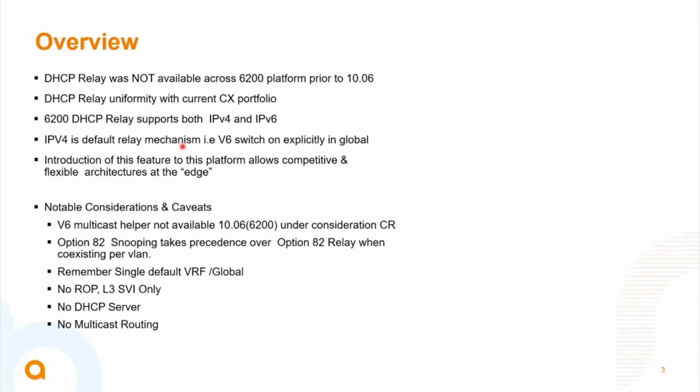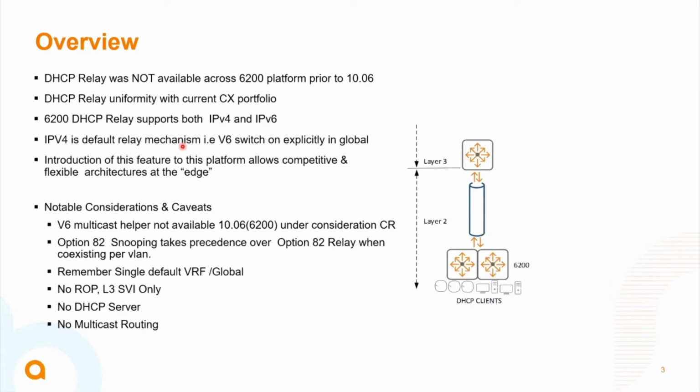So I guess this really gives a bit more flexibility and competitiveness to this product in terms of where it's positioned. If we look today at 10.5, if you've got a 6200 and you've got clients at the edge wanting an IP address assignment, you're forced to actually go up to the layer 3 to another device. So the boundary is somewhere else, so you've trunked up, and there's nothing wrong with that, and that's really a valid configuration and it's got a checkbox.